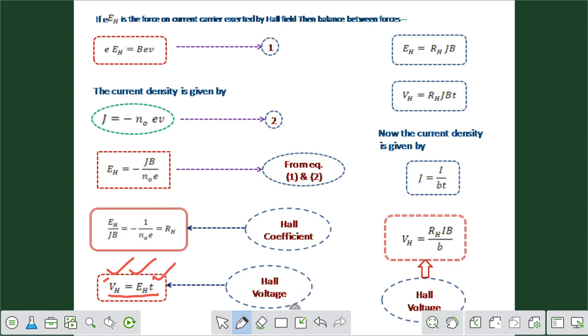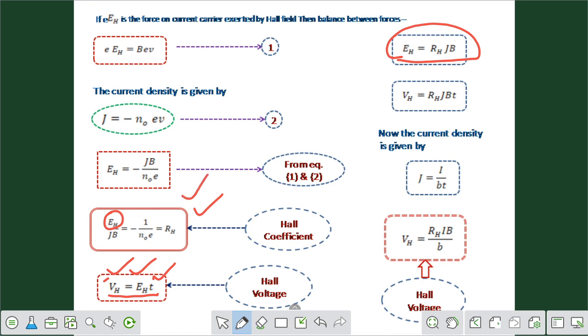Now from that equation you can write EH is equal to RH J B. This equation can be written from that equation.